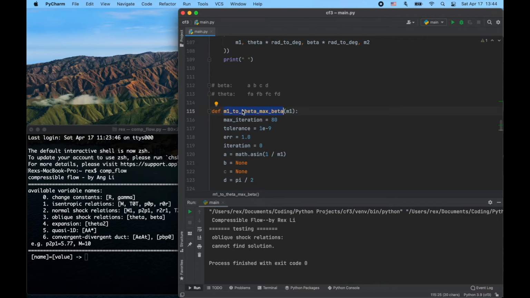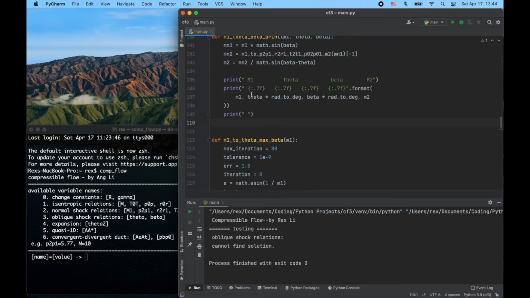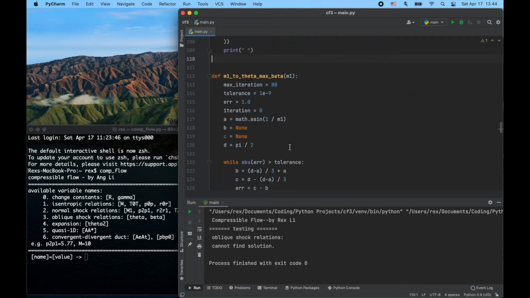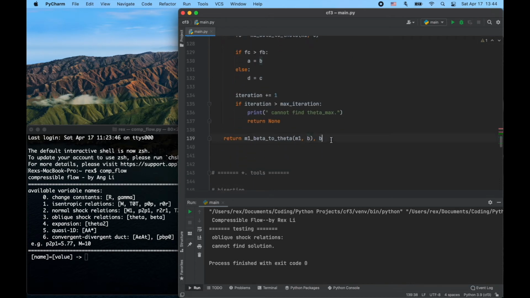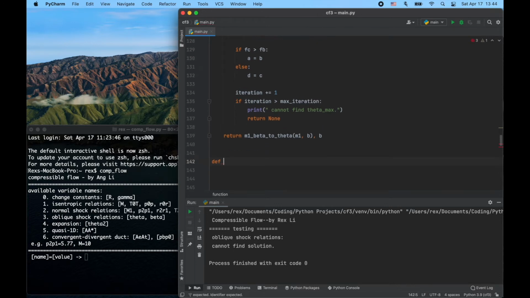So what if we know theta and beta? This is a really, I would say, rare situation that we know the two angles but not the Mach number. But I'm still going to solve it. So theta, beta to Mach number.